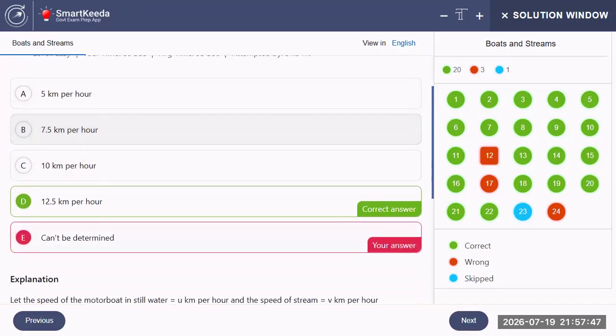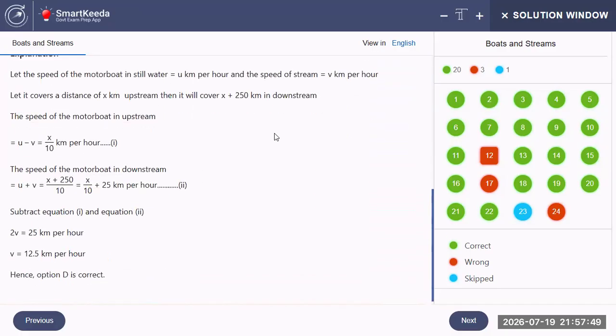The difference between the distance covered. Let it cover a distance of x kilometers upstream.